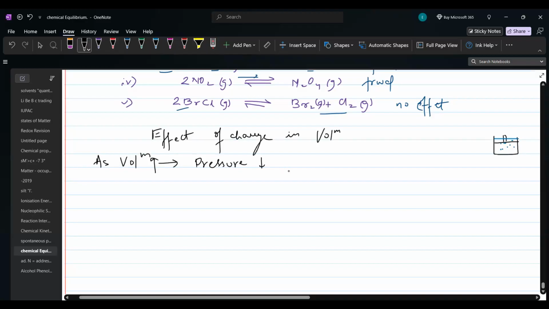So from this point, we can understand that the equilibrium will shift, again the same concept, in such a way that more gaseous moles are formed.